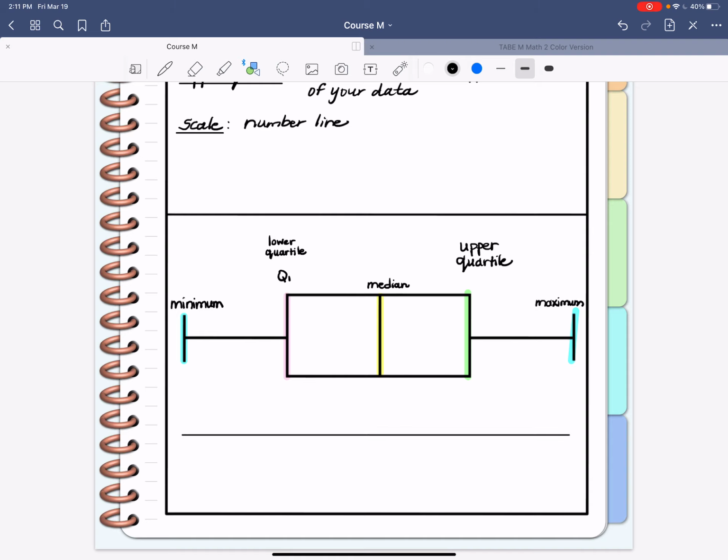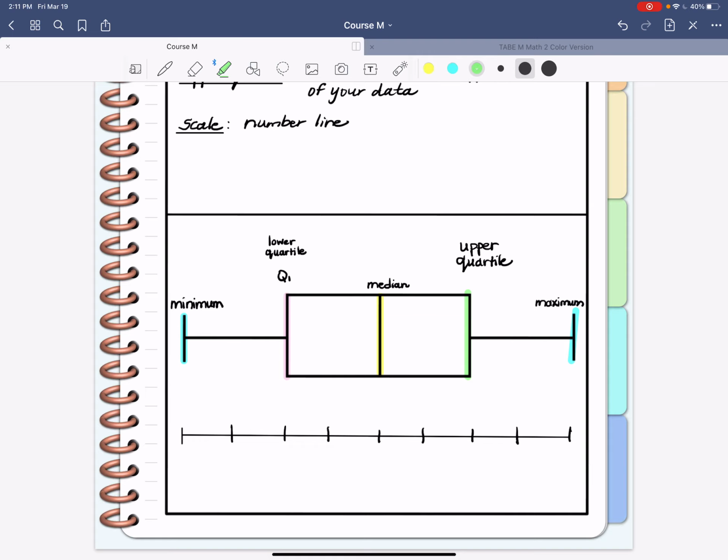Let's go ahead and put a number line down here. And then we'll put some points on there. You would have one here, you would have one here, and you would have one there at the minimum. You need those 5 data points. Most scales are going to have more than that. But you'll have a number line down there. That's the scale.